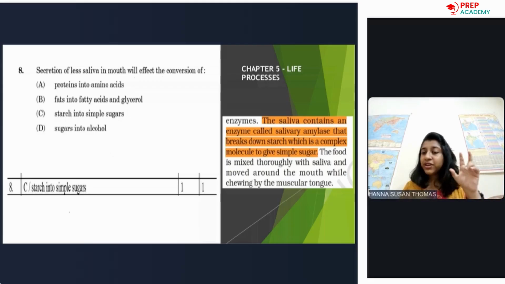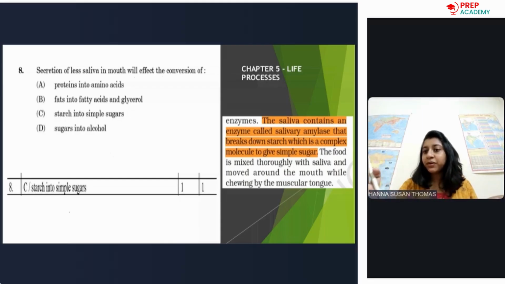The first few questions are multiple choice questions, where a question is given with 4 options and you have to select the correct answer.